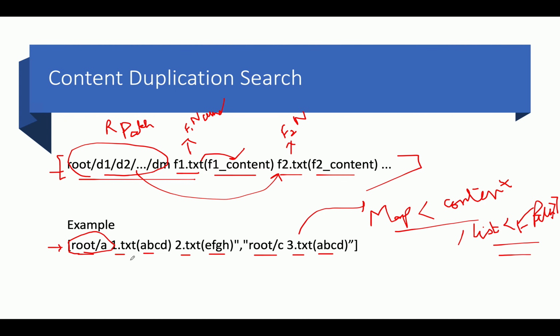So the complete file path becomes root-a 1.txt. We'll extract this information using string search, and we will put in our map abcd, comma, list of root A 1.txt.